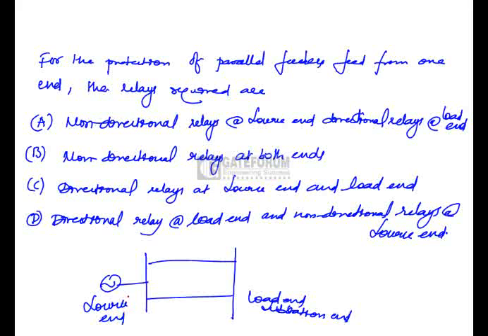For the protection of parallel feeders fed from one end, we will generally use overcurrent relays. There are two types: non-directional and directional. Non-directional is always placed at the source end in order to protect the generator, whereas directional relays are placed at the load end. So option A is the correct answer.